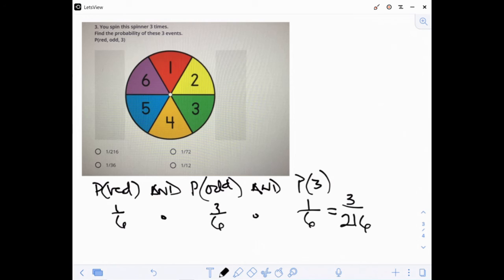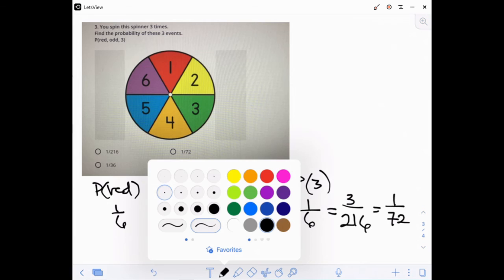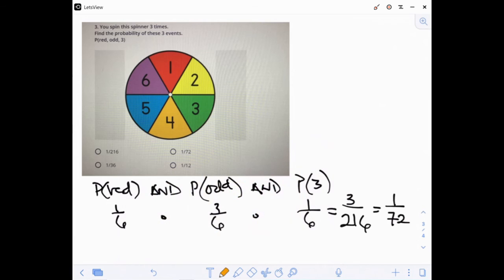And I don't see that as an option, so we need to simplify this fraction. I can factor out a 3, and if I factor out a 3 of 216, it becomes 72. So the answer is 1/72. All right, hopefully that helps.